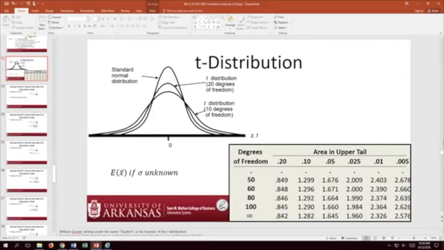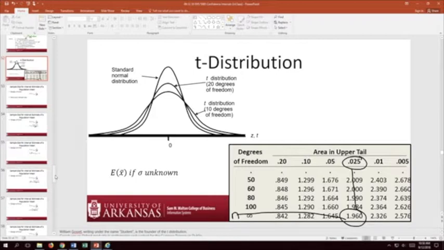I lost my pen. Here it is. So this is our sample size. So if we come this way and this way, 1.960 is the value that we're going to plug in right there.